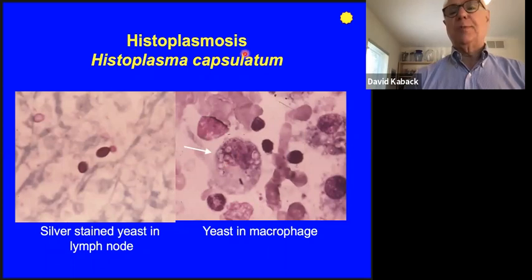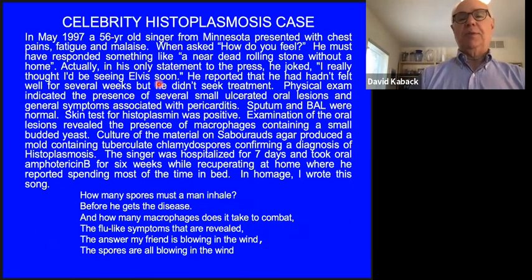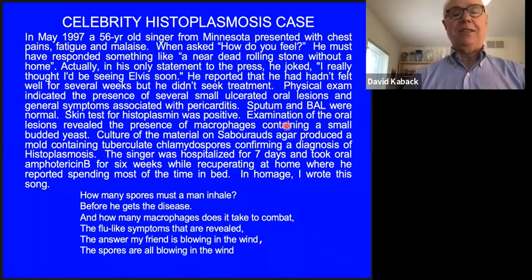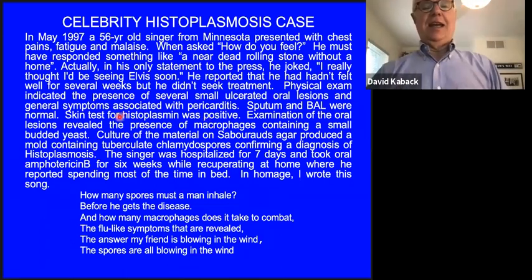Histoplasma capsulatum. Now, my favorite celebrity case of histoplasma is a 56-year-old singer from Minnesota. When asked, how do you feel? He responded like a near-dead Rolling Stone. Actually, what he really said is they thought I'd be seeing Elvis soon. Basically, sputum and bronchial alveolar lavage of his lungs revealed that he had histoplasmosis.